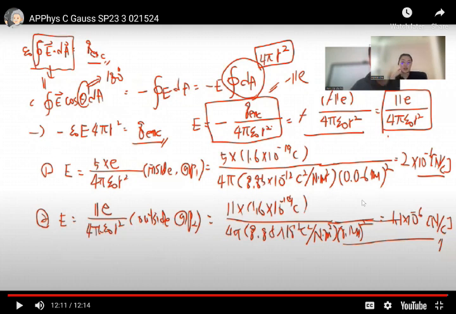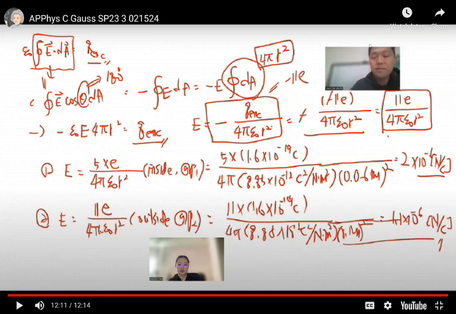So when it's outside of the shell, you have to factor in the cosine theta, which is equal to 180 degrees. So even if it's negative, it turns into a positive value. The reason you have 180 degrees is that the shell is negatively charged, right? So the flux lines, the electric field, point inward to the shell.